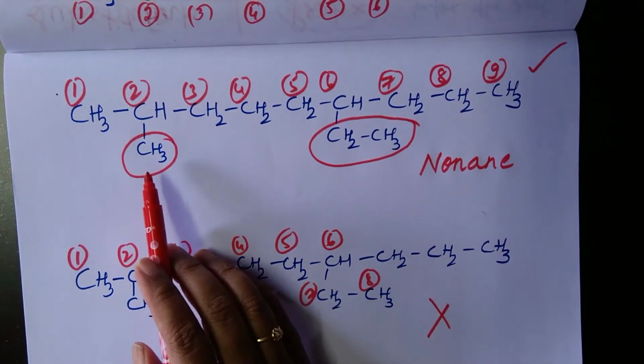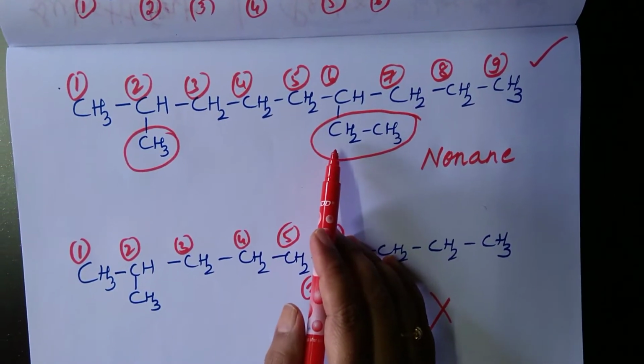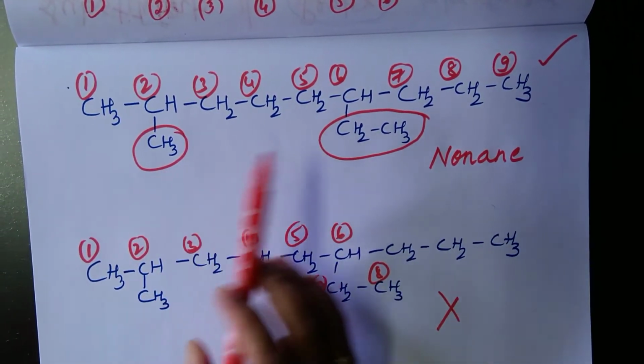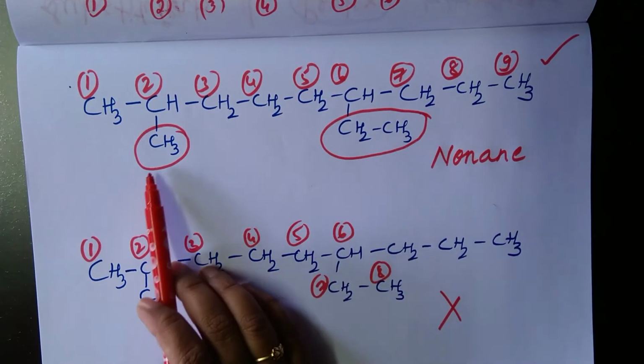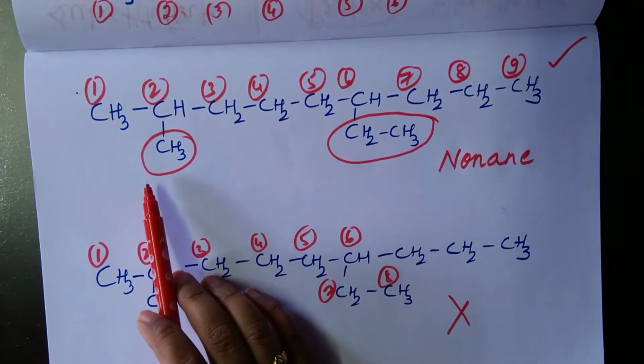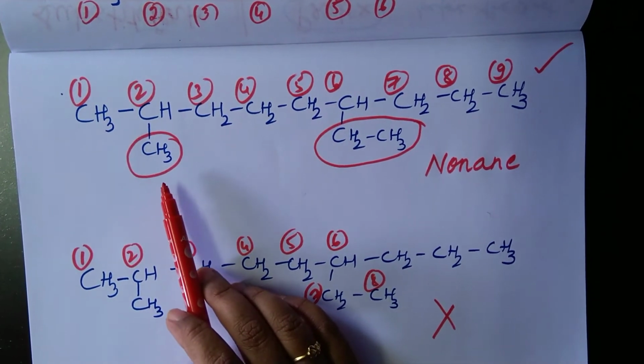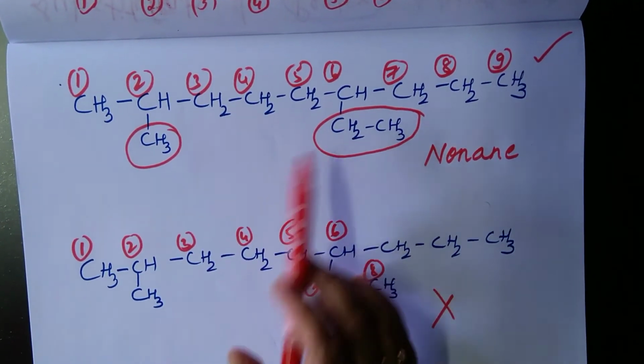On carbon number 2 and carbon number 6, you have substituents. Which are they? Methyl and ethyl groups. Methyl comes from methane, ethyl comes from ethane. So where are they situated? On carbon number 2 and 6.